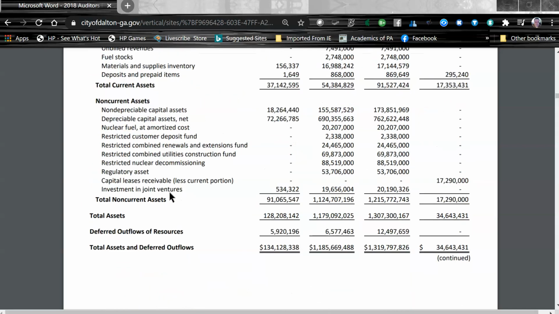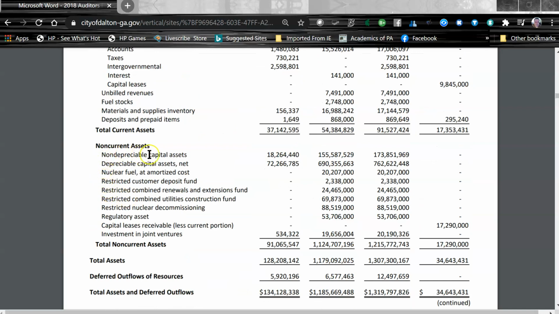Your non-current assets are your non-depreciable capital assets and your depreciable capital assets. Here they have nuclear fuel at amortized cost, if there's a nuclear power plant. Restricted customer deposits, renewals and extensions, nuclear decommissioning. So these are all the non-current assets. Capital leases, investments in joint ventures.